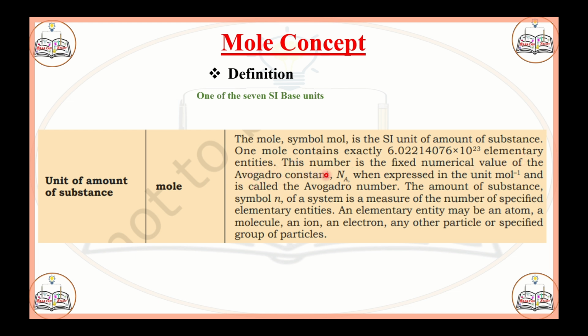This is also known as the Avogadro constant, denoted by NA, and its unit is per mole. The Avogadro number is expressed as per mole because it is the amount of substance present in 1 mole. And that entity is the elementary entity. It can be an atom, a molecule, an ion, an electron, or any other particle, as we have seen in the previous example.